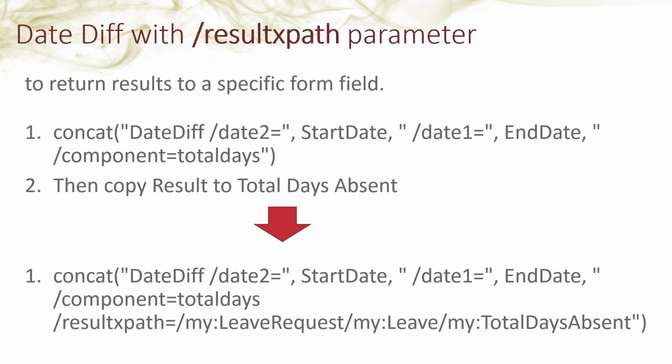But if you use the parameter called result express, in this parameter you specify the field where you want to get the result. Then the qRule result is saved to that field. Which means that you do not have to write two rules. It's a little bit long string, but just one rule does everything for these two things.